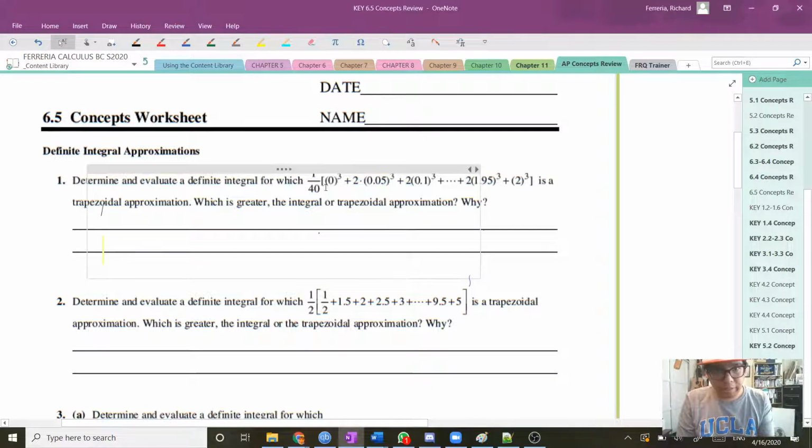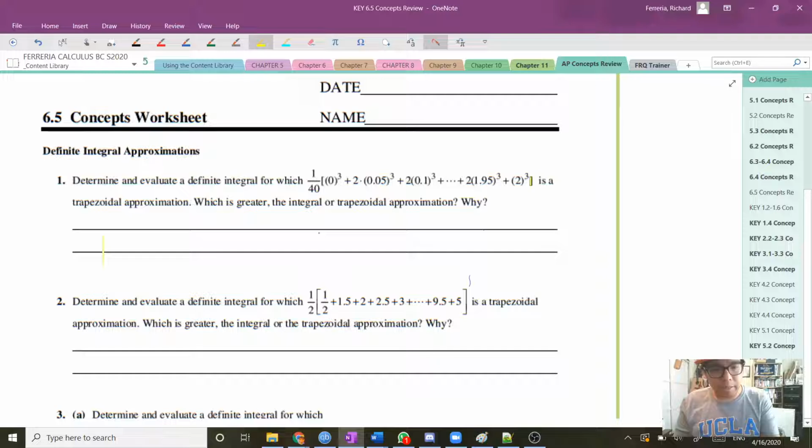This right here would be f of 0, 2 times f of 0.05, 2 times f of 0.1, all the way to f of 2. So this is already set up, and it looks as though f of x is x cubed.